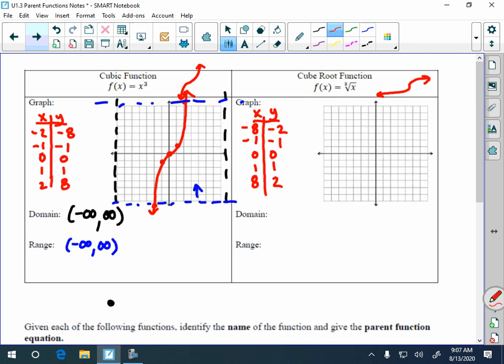So when we plot these points, okay, so negative 8, 1, 2, 3, 4, 5, 6, 7, 8, and then down 2 is over here. Negative 1, negative 1, 0, 0, 1, 1, and then positive 8, so right 8 up 2. It's up here somewhere.